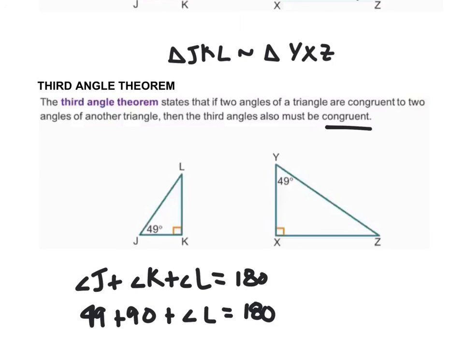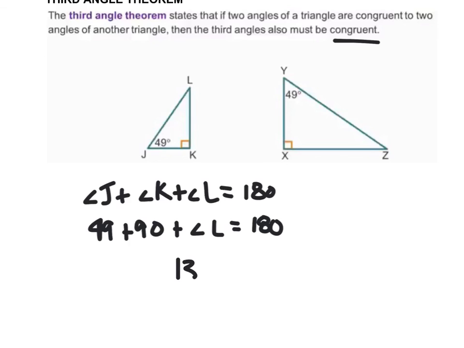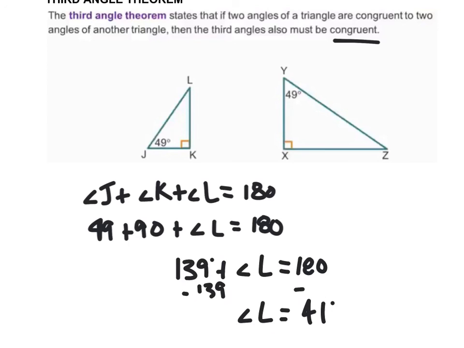So 49 plus 90 is going to give us 139 degrees. So 139 degrees plus angle L equals 180. If I subtract 139 from both sides, 180 minus 139, then that's going to give us a total that angle L is 41 degrees.